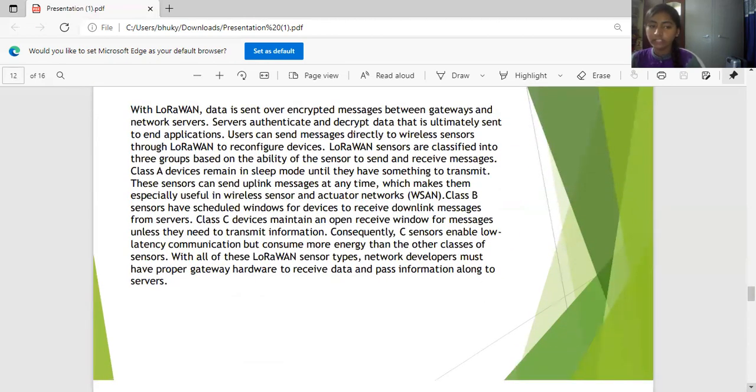With LoRaWAN, data is sent over messages between gateways and network services. Services authenticate and decrypt data that is ultimately sent to end applications. Users can send messages directly to wireless sensors through LoRaWAN devices.